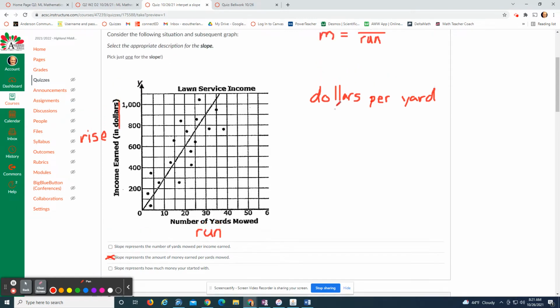So if we think about it, slope to us currently means rise slash run.